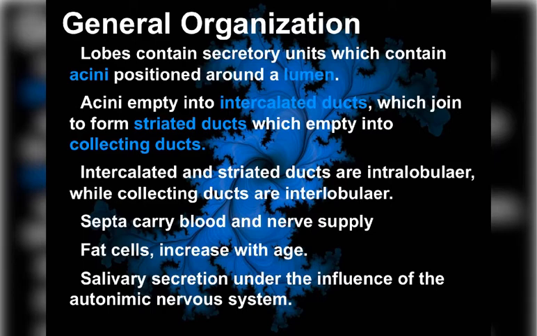But the sublingual gland and the minor salivary glands do not have striated ducts, and they do not have one main excretory duct. They have intercalated, minor collecting, and major collecting ducts.